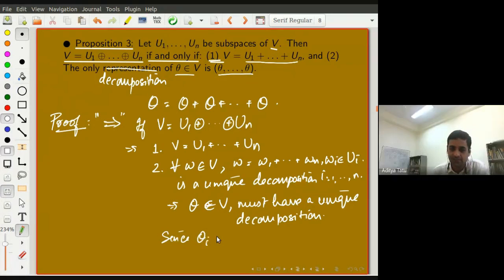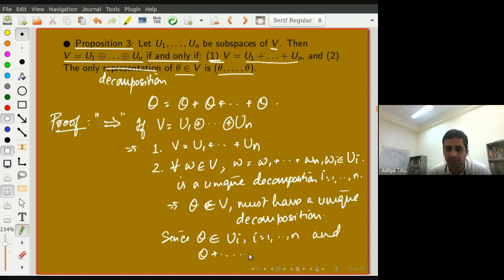The summation of all theta will always make theta. Exactly. Since theta belongs to each and every Ui, theta 1 plus, and so on, sorry for the use of notation here.